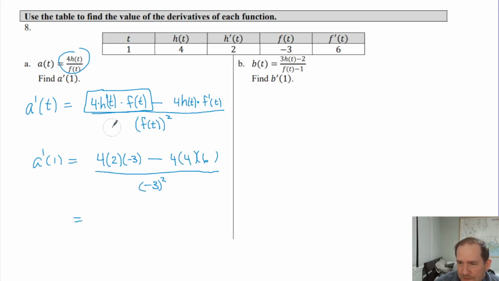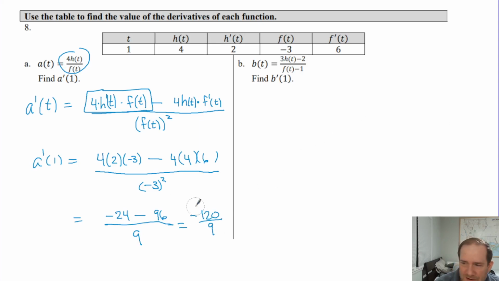We just clean this up now. So that's 8 and 3, that's 24, negative 24. Then minus 24 times 4. 4 times 24 is 96. I'm going with 96. Denominator is positive 9, which means my numerator is negative 120, so negative 120 over 9.